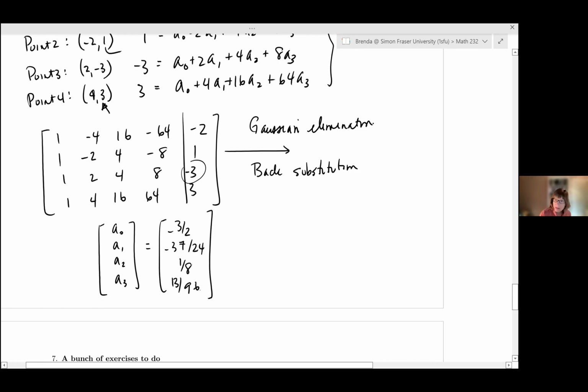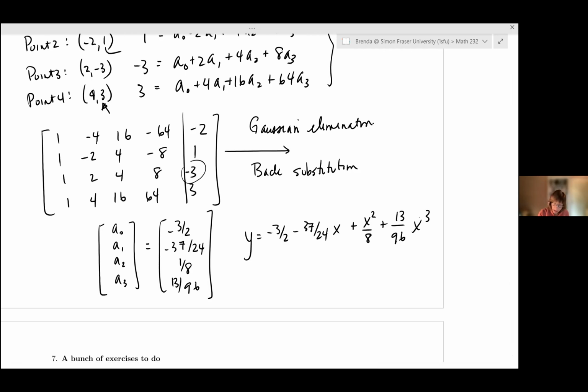Okay, there it is. What does that tell me? That tells me that this polynomial right here goes through all 4 of the points.